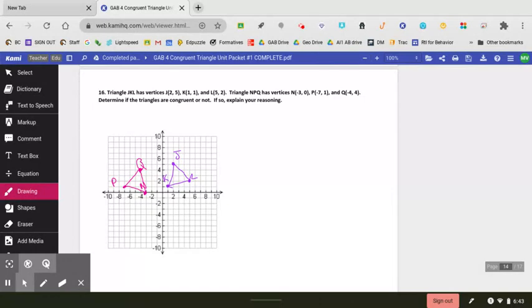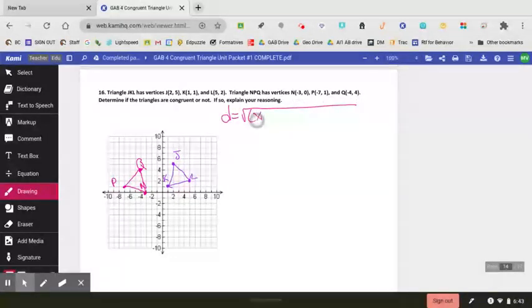So what I want to do is I want to do the distance formula, which remember is d equals the square root of the quantity x2 minus x1 squared plus y2 minus y1 squared. And I want to find out how long each side of both those triangles are. So please pause again and do the distance formula, what amounts to 6 times.